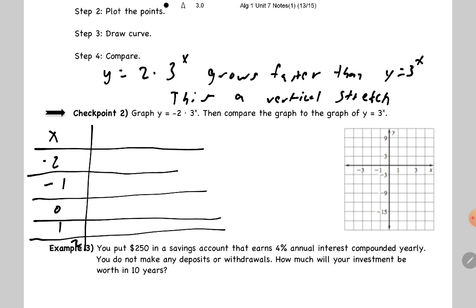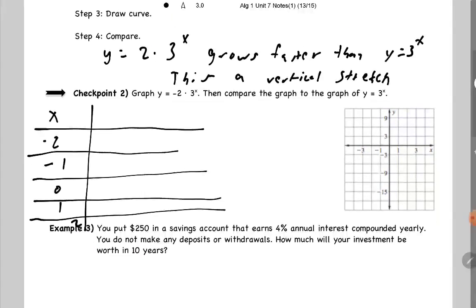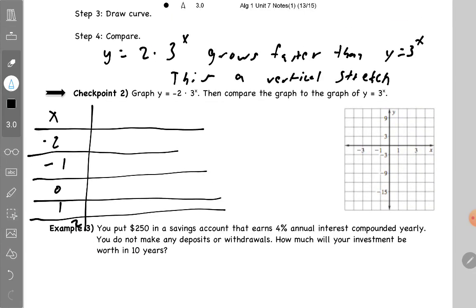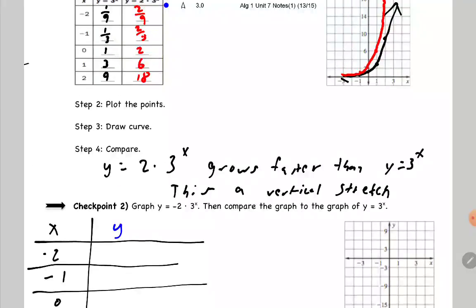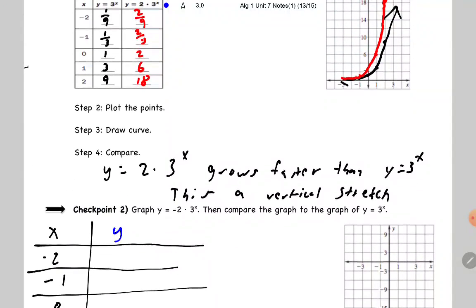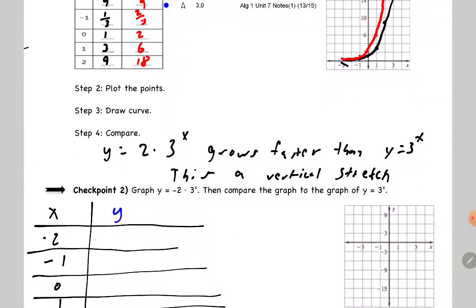Okay, we still have y equals 3 to the x up there in black. Since we're doing something different, let's go blue. So not much difference. Instead of multiplying everything by 2, we're going to multiply our y equals 3 to the x by -2 instead.